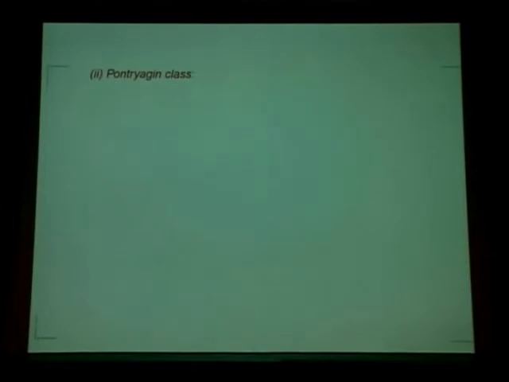The second topological density that we can add in 3 plus 1 dimensional gravity is the Pontryagin density, epsilon mu nu alpha beta R mu nu ij R alpha beta ij. And this is also a total divergence, which is what I have explicitly displayed here: the divergence of this object, the gravitational Chern-Simons.